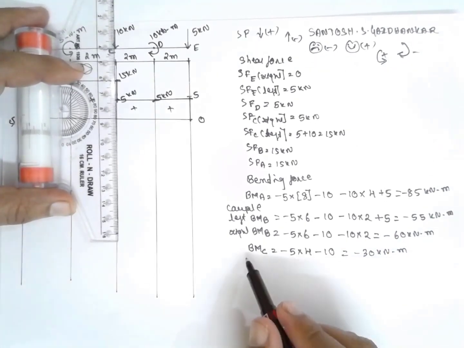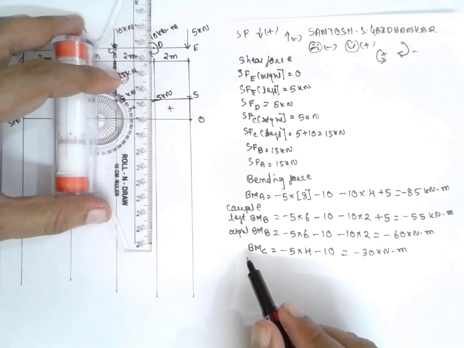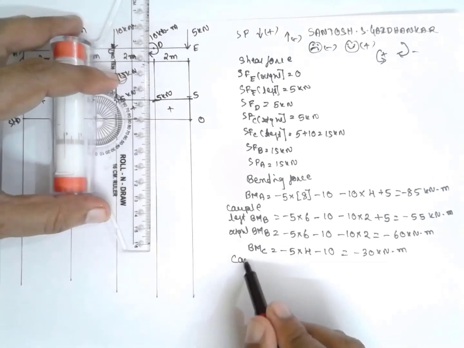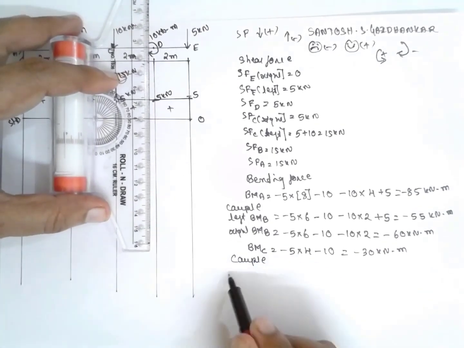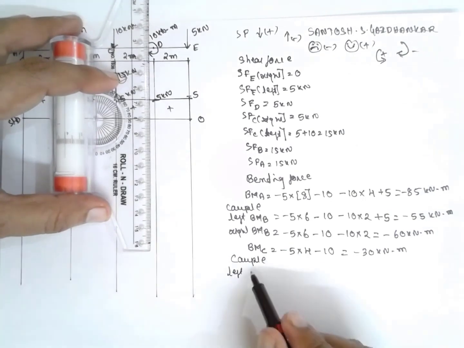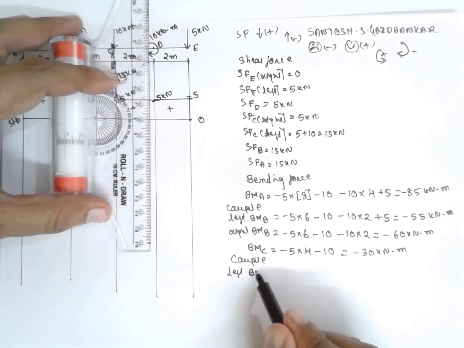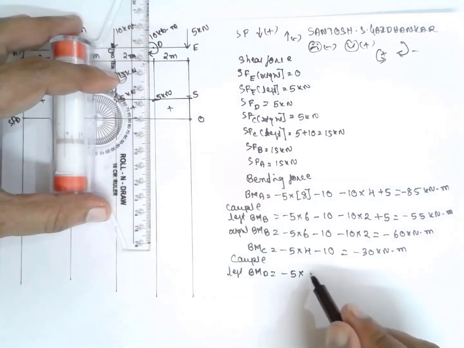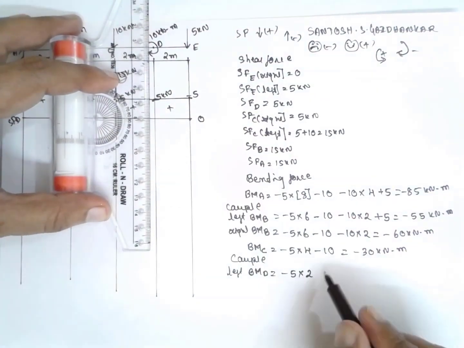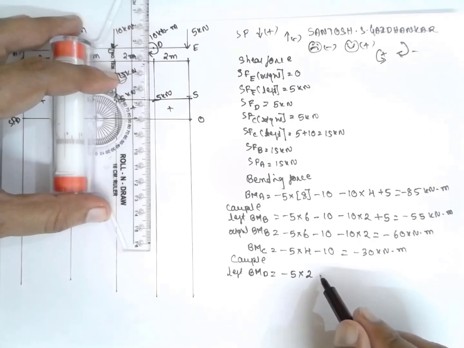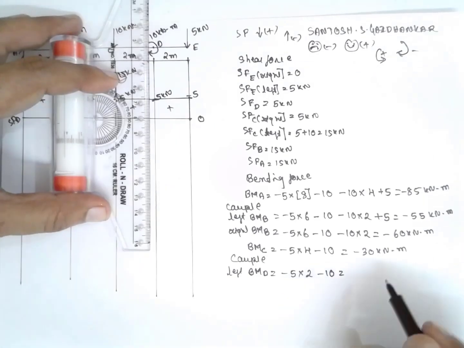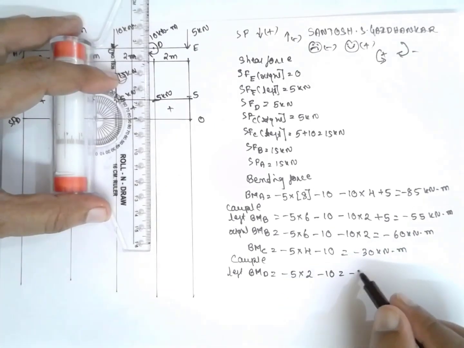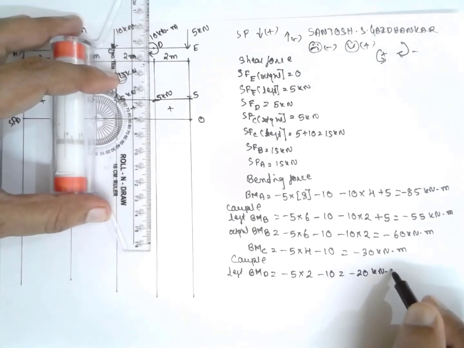Now there is a couple at D, therefore you have to consider left and right. Left: BM at D, minus 5 into distance 2 and couple will be minus 10. Answer is minus 20 kilonewton meter.